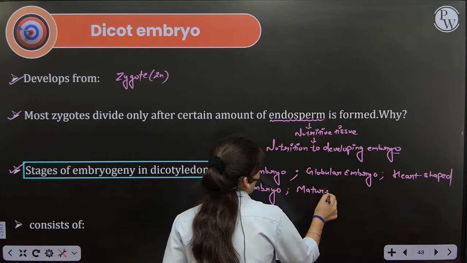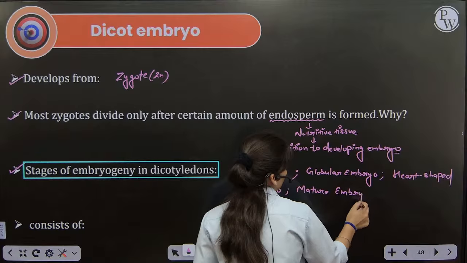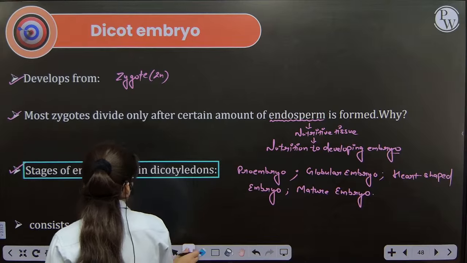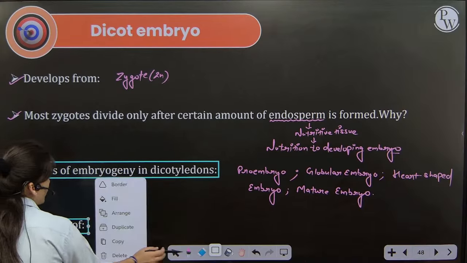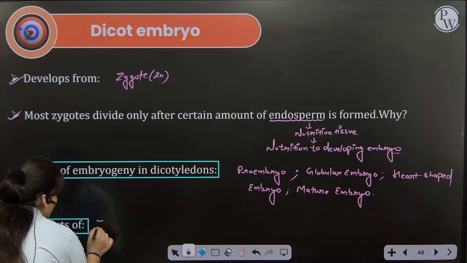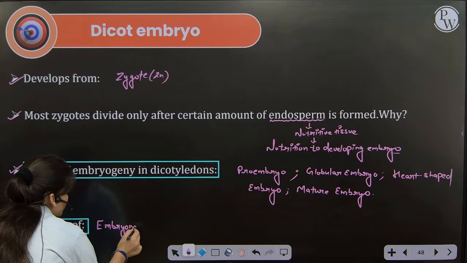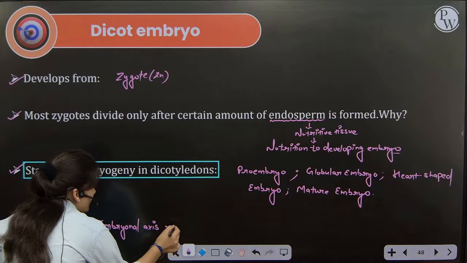We'll discuss these in upcoming slides. So embryo consists of embryonal axis, we'll see what is embryonal axis, and it has cotyledon.